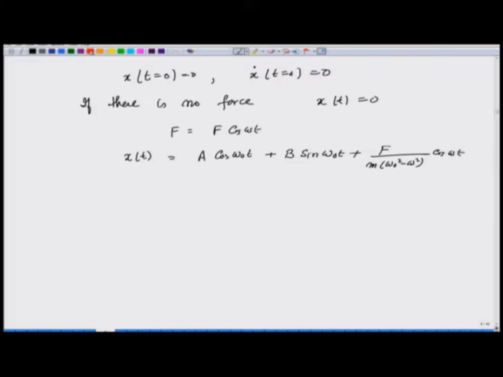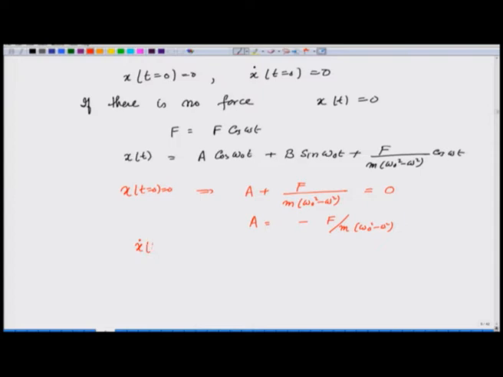Now, I have been told that x at t equals 0 is 0. This implies a plus F over m (omega 0 square minus omega square) is equal to 0, or a equals minus F over m (omega 0 square minus omega square). We have determined a.